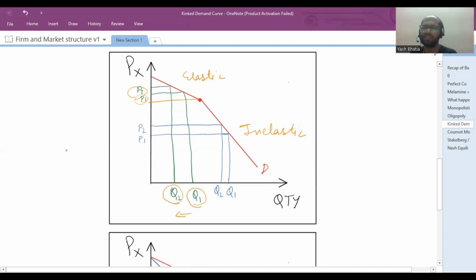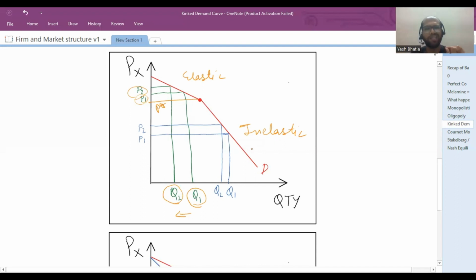Another scenario is when Coke decreases the prices. Since firms are interdependent, Pepsi in this case will also decrease the prices. So the change in quantity demanded will be relatively less if you are operating below the kink price, P star. If you have reduced your prices, the change in quantity demanded is less, because your competitor will also decrease the price, as compared to operating above the kink price, P star.